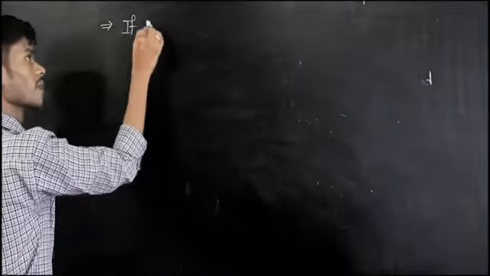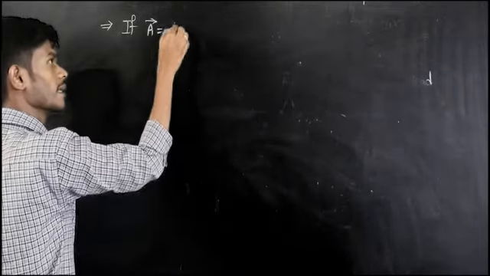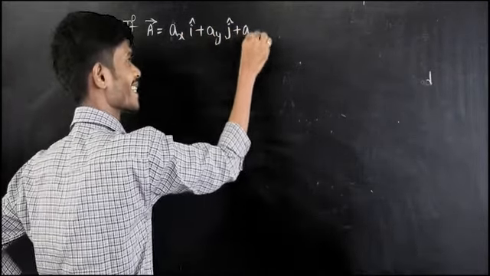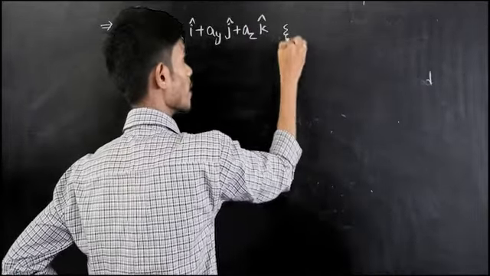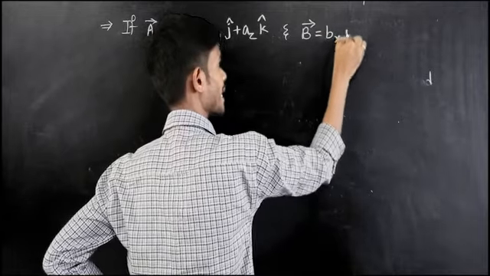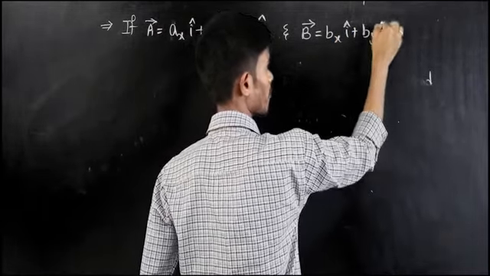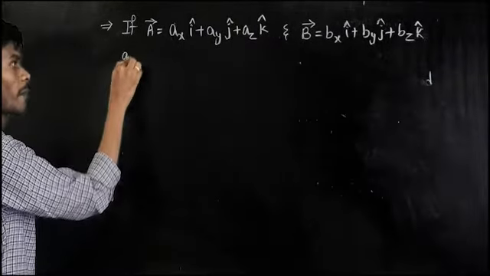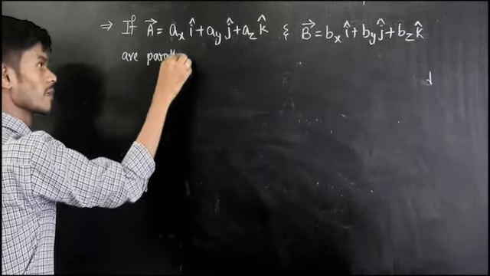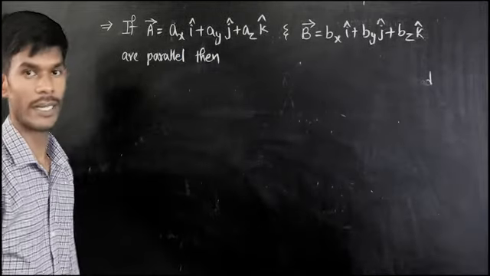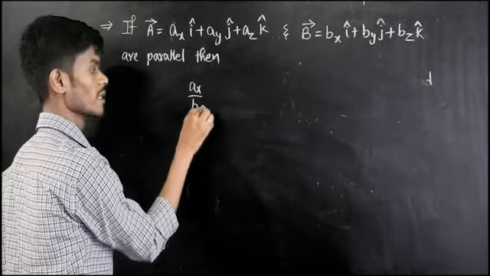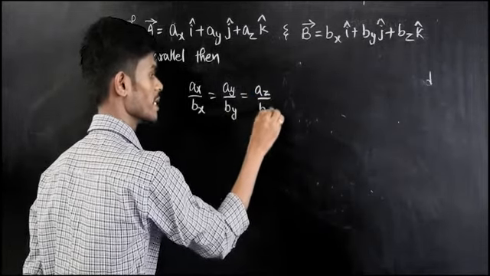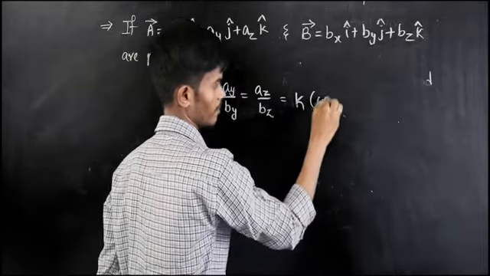If a bar vector is ax i cap plus ay j cap plus az k cap, and b bar vector is bx i cap plus by j cap plus bz k cap, and these two vectors a bar and b bar are parallel, then the condition is ax by bx is equal to ay by by is equal to az by bz, that is equal to a constant k.